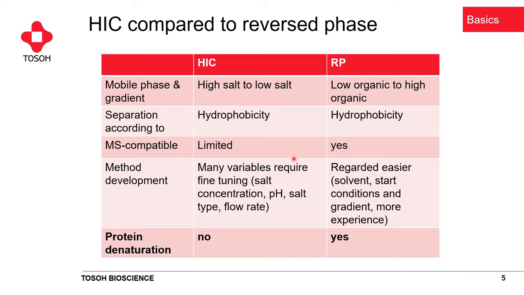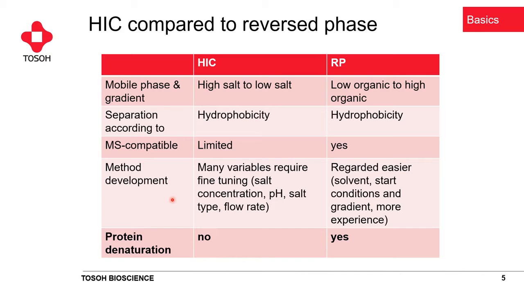Last but not least, the method development for hydrophobic interaction chromatography is often regarded as very tedious. There are some things we need to take care of, and sometimes it's rather trial and error, and not really, okay, I know I have this problem, I need to change parameter A and then I'm fine.